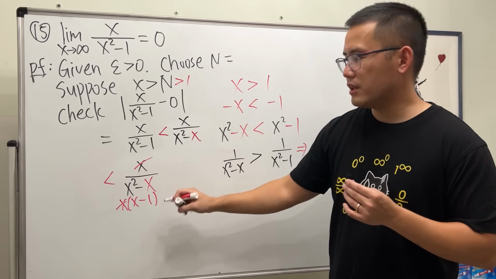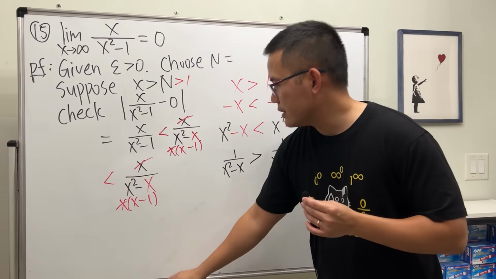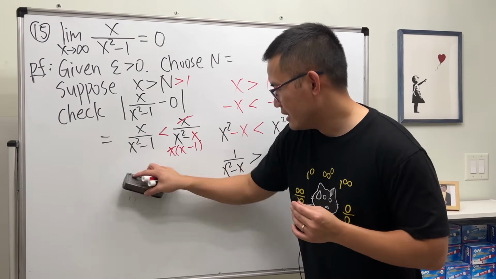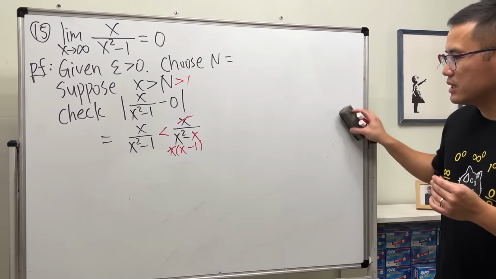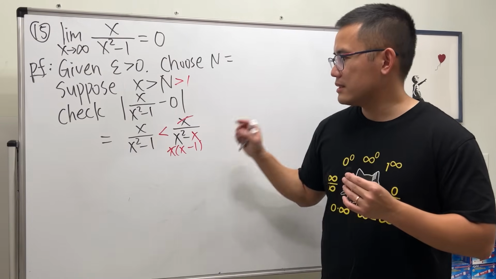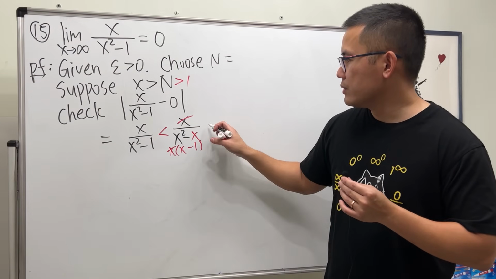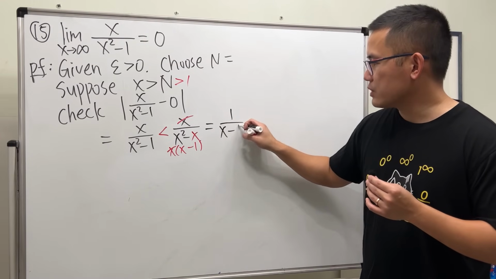And that's why I put down earlier and then factor out the x. And cancel this and that out. So I can just move this to that. And then I will erase this because that's just some algebra work. Right? So that's done. So this thing is equal to 1 over x minus 1.